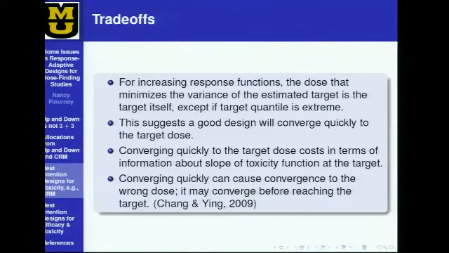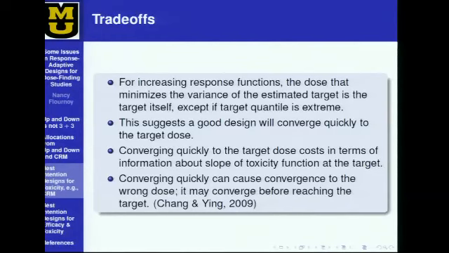Okay, so let's think back again about the big picture a little bit more. What kind of trade-offs are we talking about in these designs? Well, in the case of an increasing response function, optimal design-wise, if you're trying to minimize the variance of your estimator, it would tell you to put all the points at the answer, which of course you can't do because you don't know the point, but it makes it logical that you would try to get all your design points at the MTD.